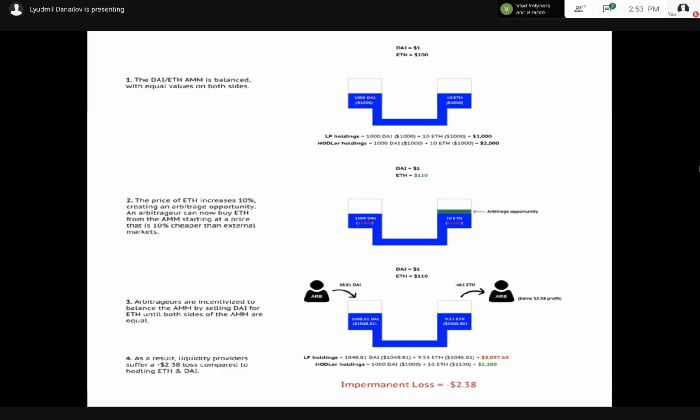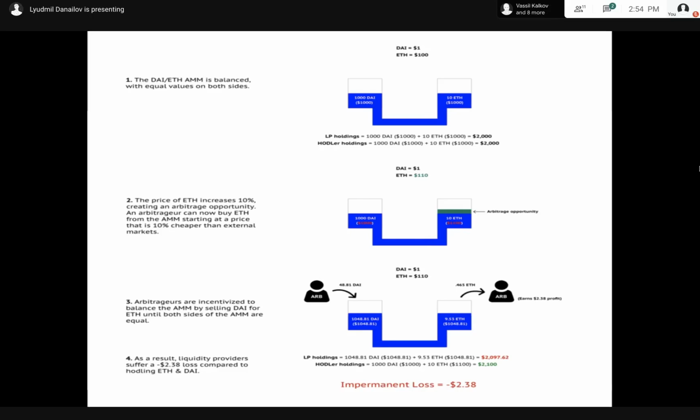And the impermanent loss becomes permanent if the liquidity provider decides to return his... You mean to withdraw their funds? Yeah, withdraw their funds. And yeah, that's about it for the impermanent loss.